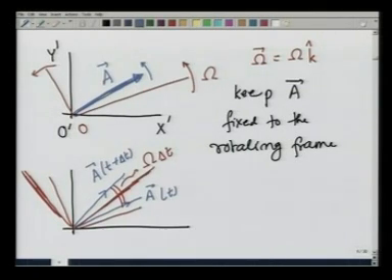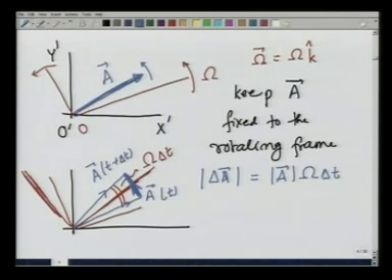So, the vector has changed roughly by this amount here. This is delta A, and if I were to write delta A magnitude, you would see that for small times this is nothing but A magnitude times omega delta t, the angle.